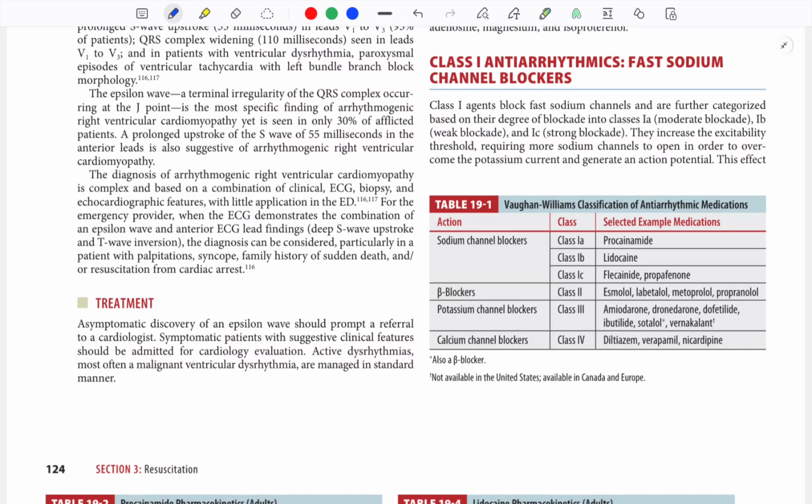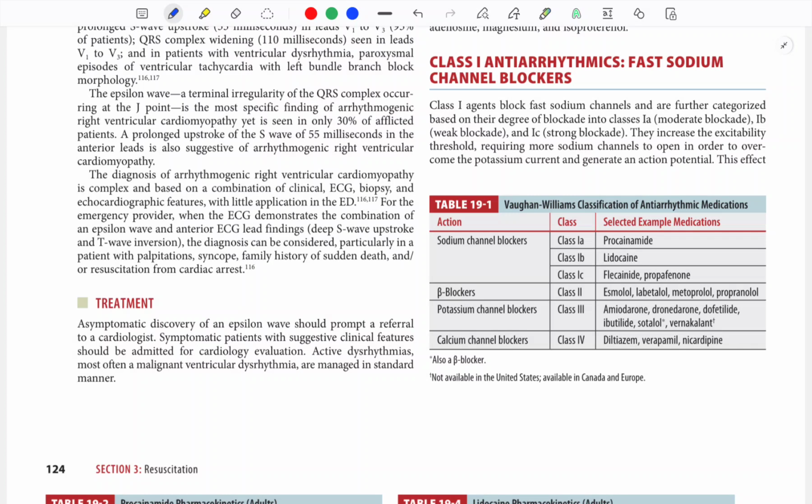Again, class 1 is divided into class 1A, 1B and 1C. Class 1A is procainamide, quinidine, and disopyramide. Class 1B is lignocaine.